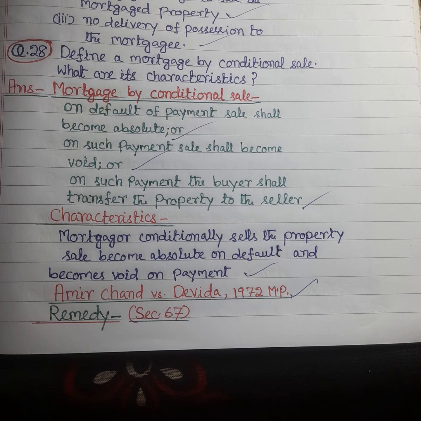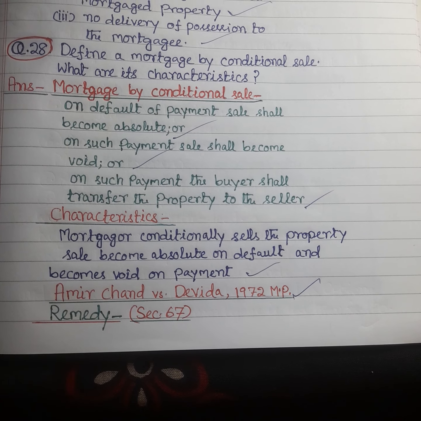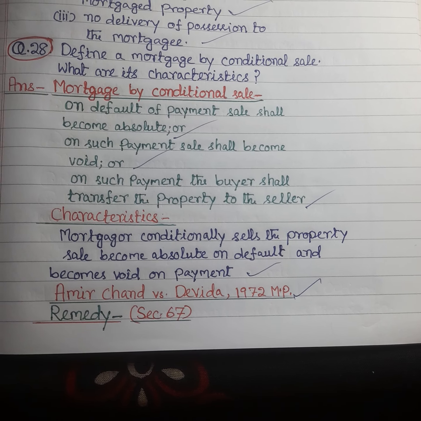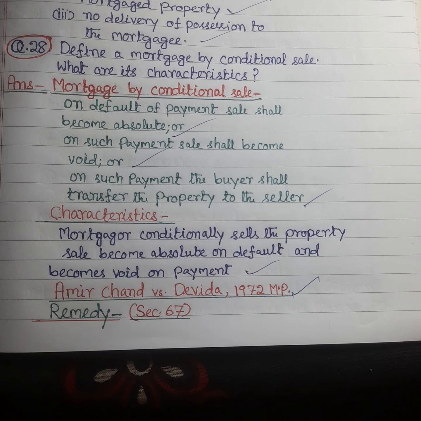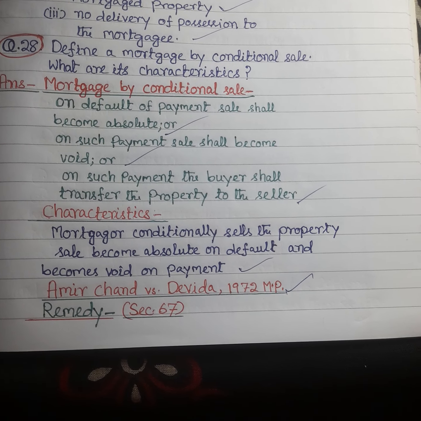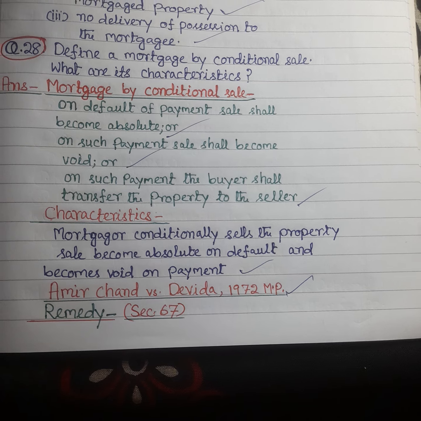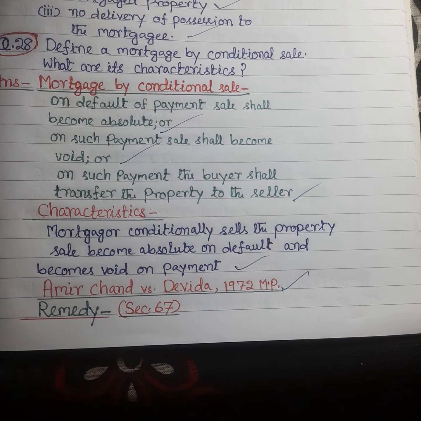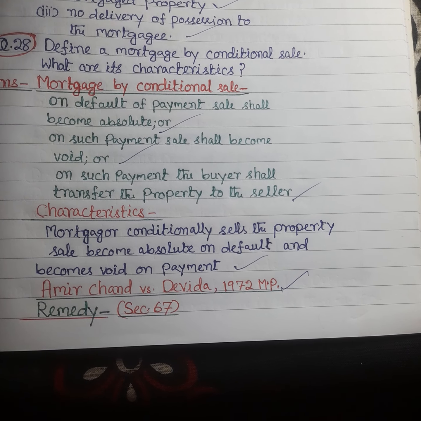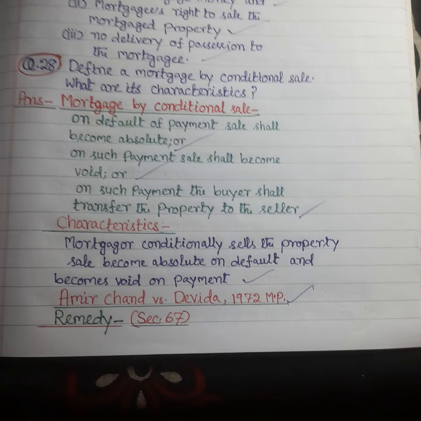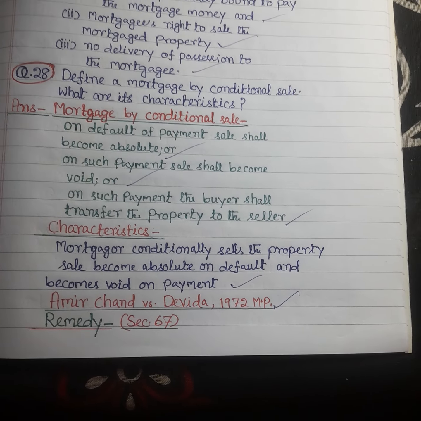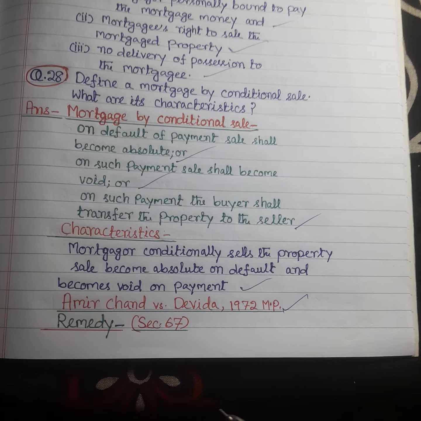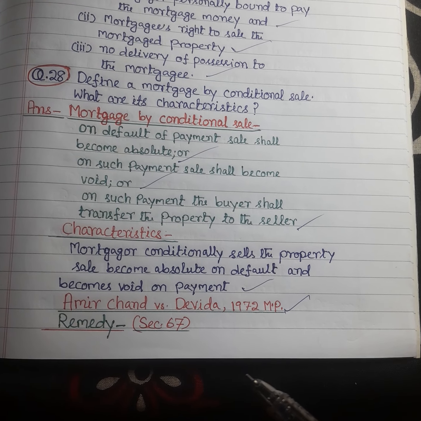When a condition of repurchase is embodied in the document which effects or purports to effect a sale, the presumption is that it is a mortgage, as was held by their Lordships of the Madhya Pradesh High Court in this important leading case, Ram Chand versus Devidas.